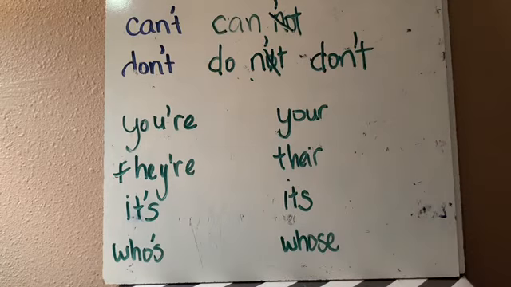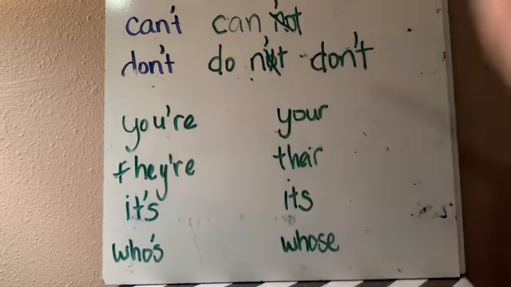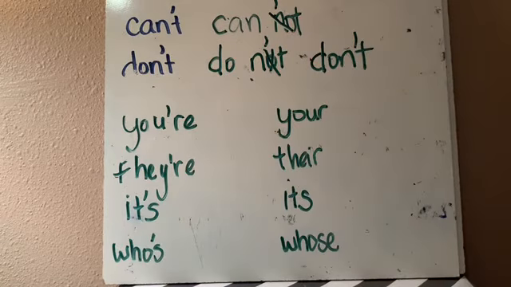A lot of people, even adults, will get words like these mixed up and use them at the wrong time. So you need to be very careful in your writing or typing or emailing or posting that you are using the correct word when you're supposed to.